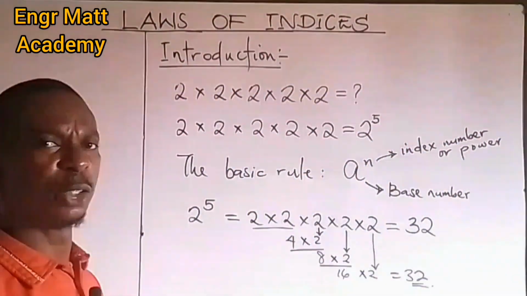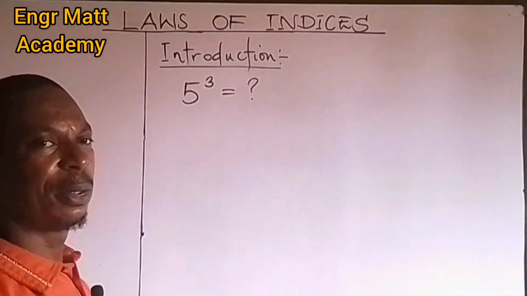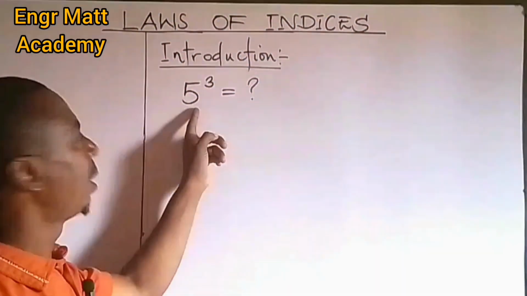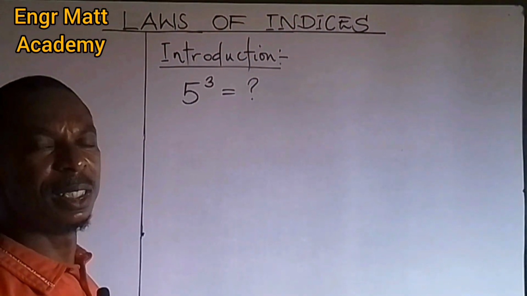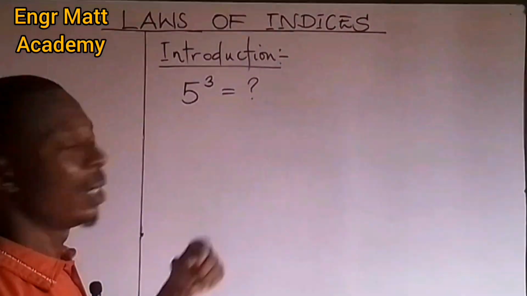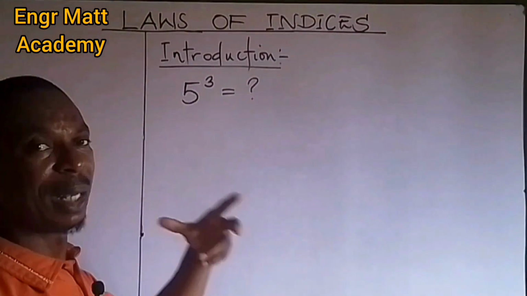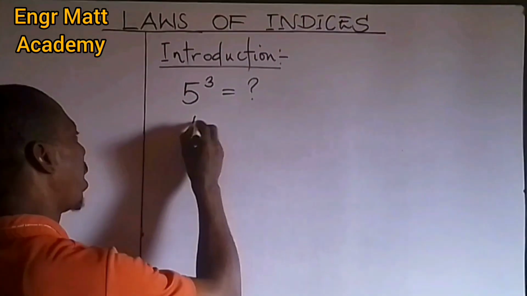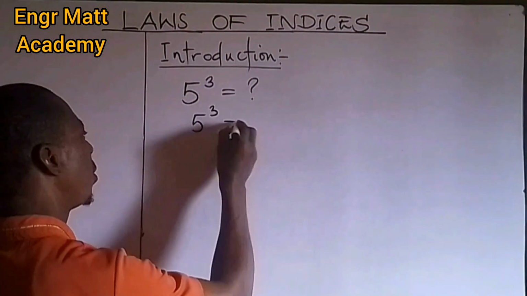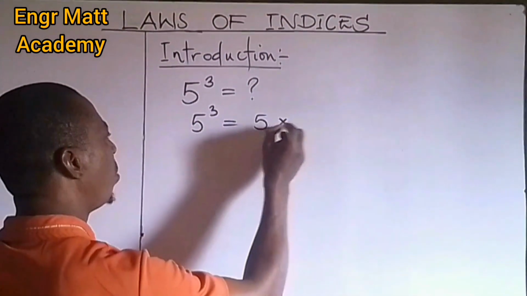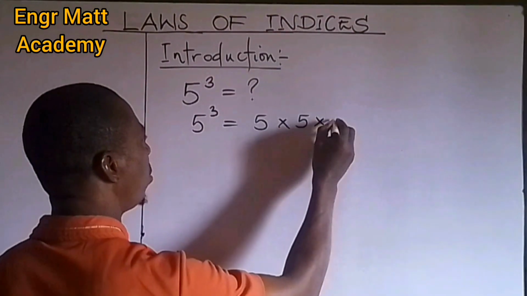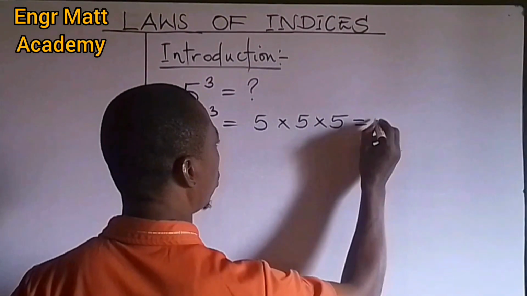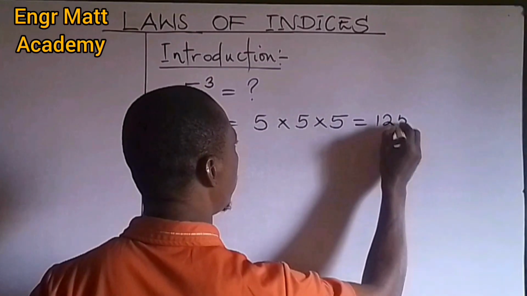Let's consider another number. 5 raised to the power of 3. What does this tell us? 5 is the base number and 3 is the power or the index number, meaning that the base number 5 multiplied itself 3 times. That is 5 raised to the power 3 is equal to 5 times 5 times 5, and this is equal to 125.